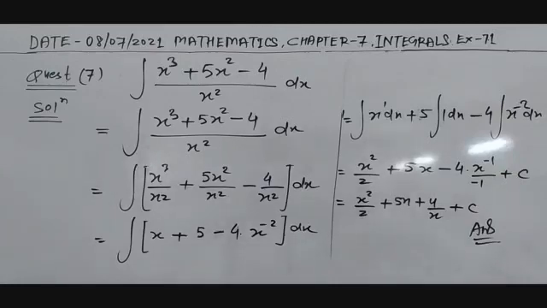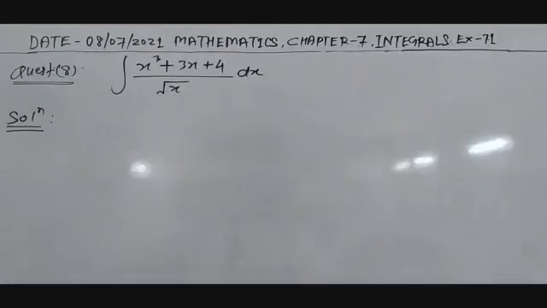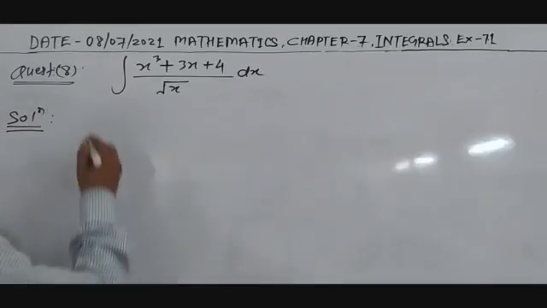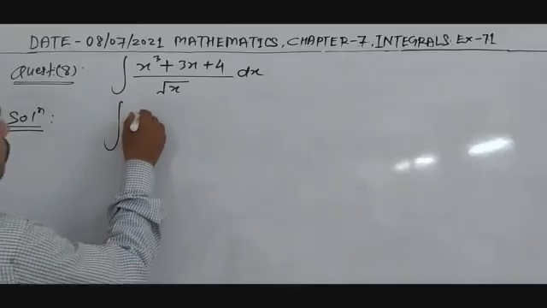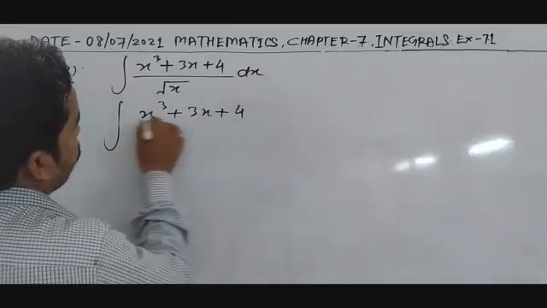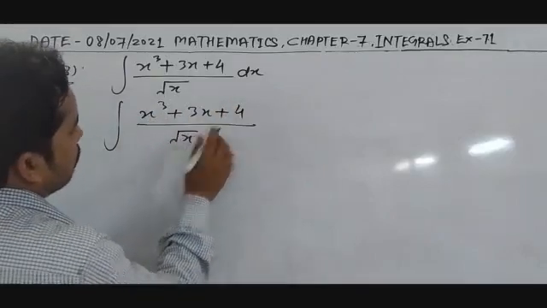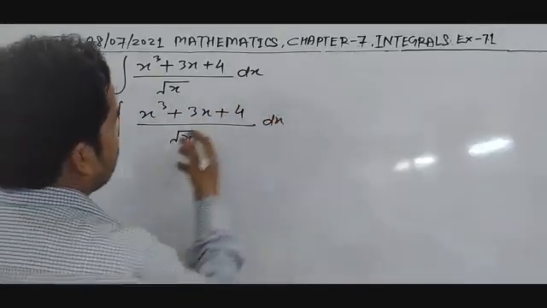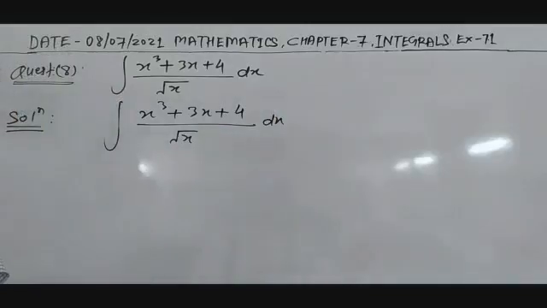Question number 8 is integrate the function x cube plus 3x plus 4 whole upon root x dx. So given terms x cube plus 3x plus 4 whole upon root x, and a root x expression can be written x to the power 1 by 2.